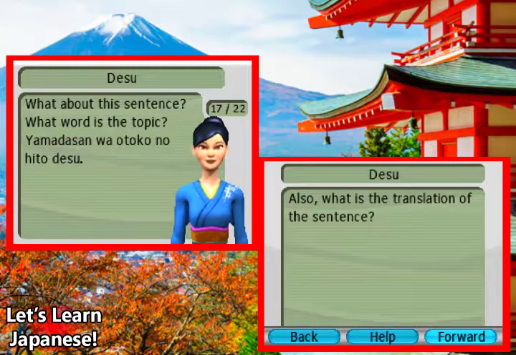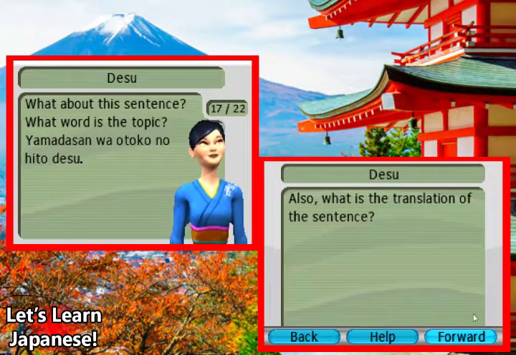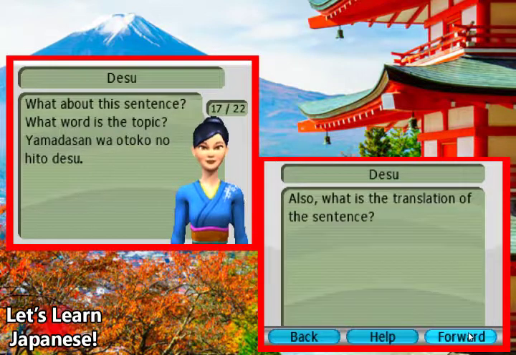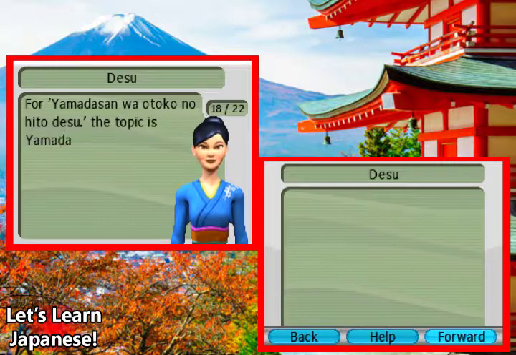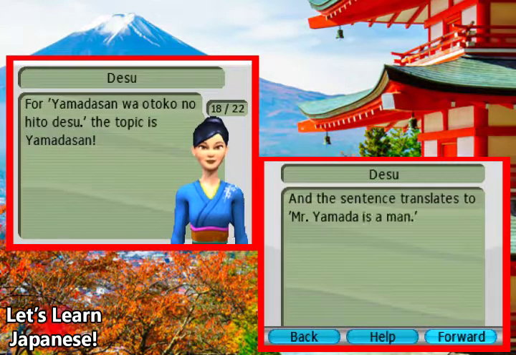And otoko no hito, we've seen that, that's just a man person. Desu is to be. So Yamada-san is a man, person. Yamada-san being the subject, the topic. Mr. Yamada is a man, person.